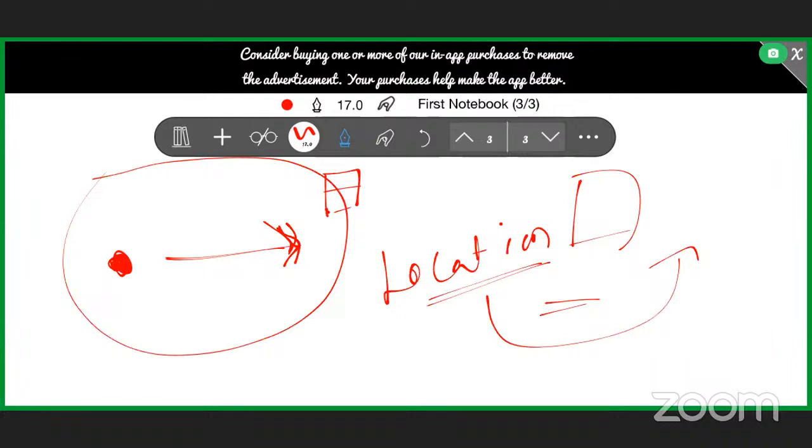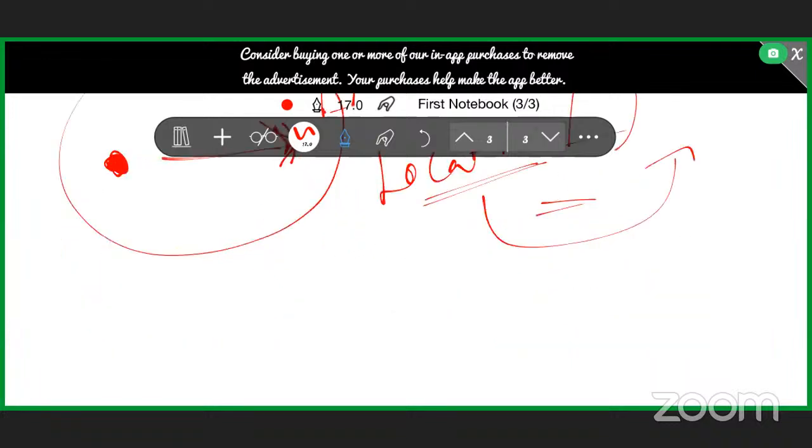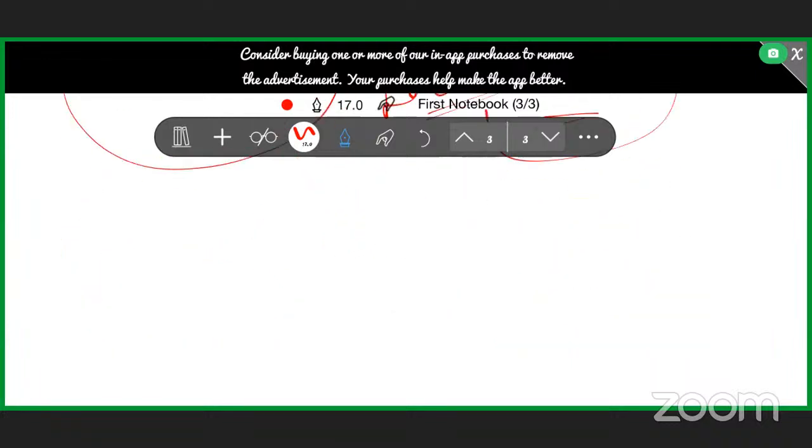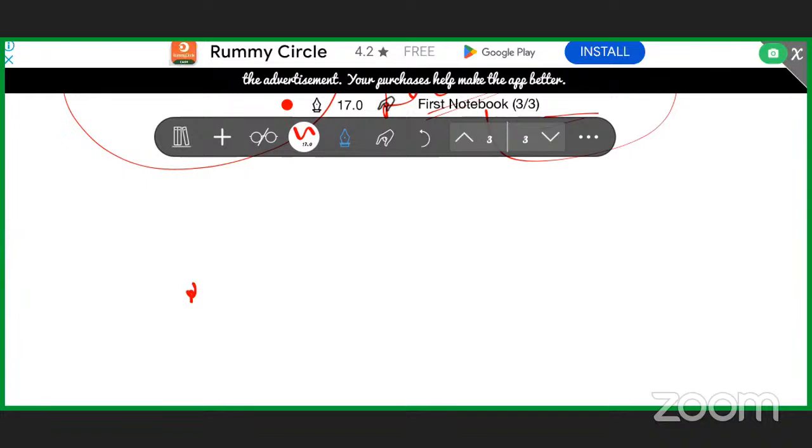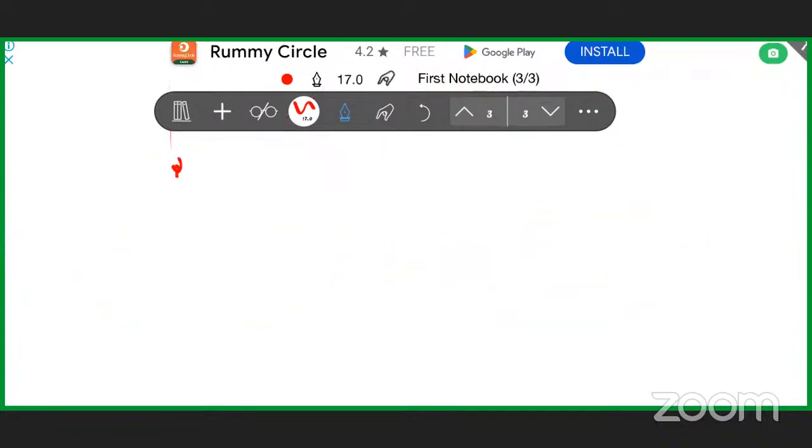So coming to mathematics, we also have this. Let us say I have one point and somewhere some geometrical figure is there. Say one geometric figure, a circle, and let us say some point somewhere here.